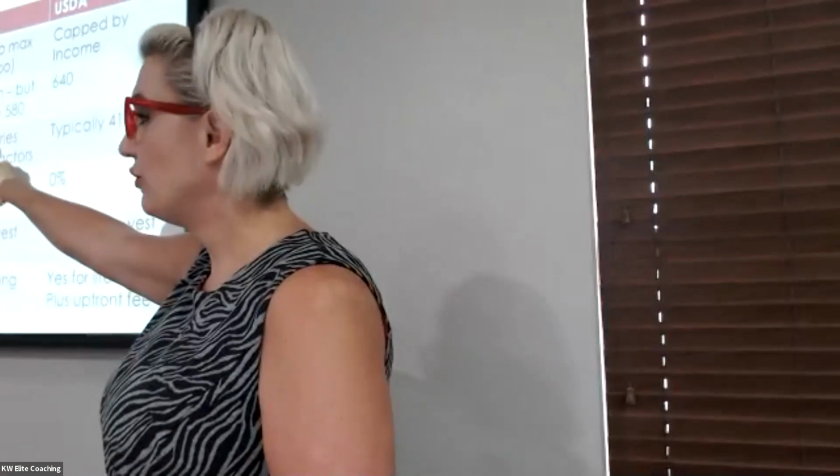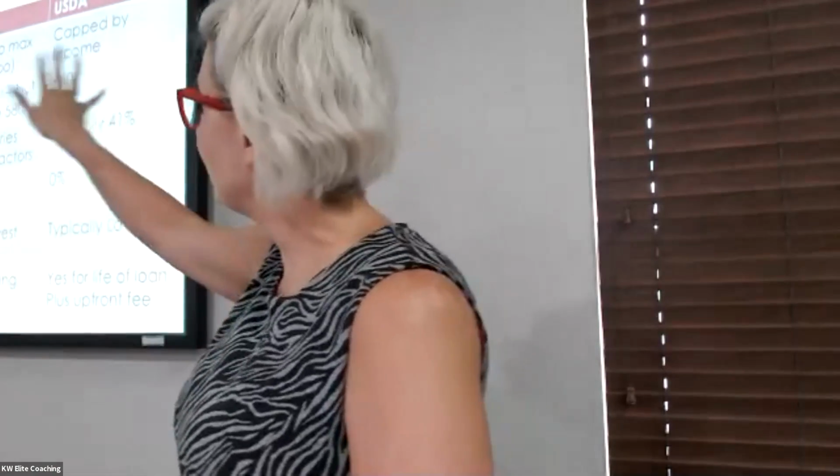Now, so we talked about the max loan amounts. Now I want to go back to conventional. So you can still get a conventional loan over 548,250. It just becomes a conventional jumbo loan product, which is a little bit different. It has different requirements.